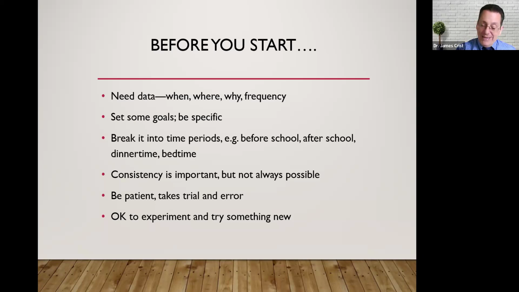Are they going to bed too late? Are they just really hard sleepers? Are they avoiding school because they're really anxious about it? And so some kids have more trouble at bedtime or at dinner time. Or just at school and not at home, or the reverse. So find out where the problems are happening and try to understand what might be contributing to them.